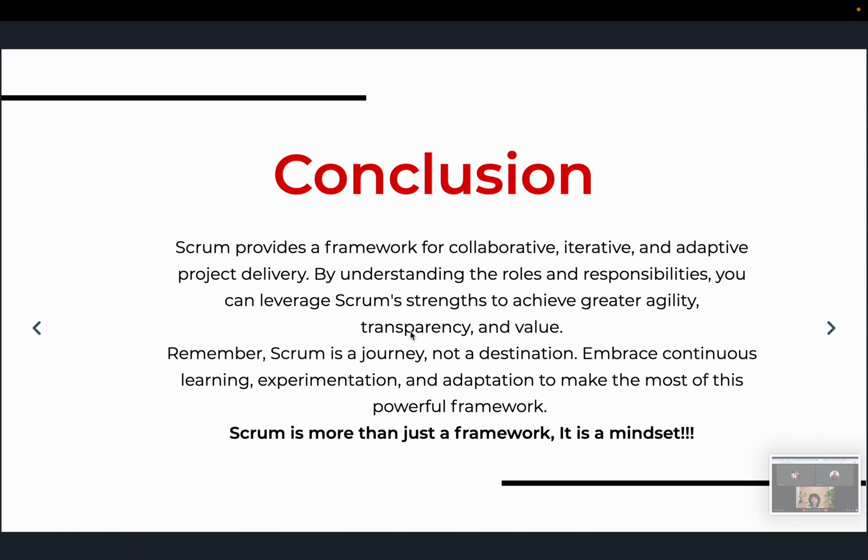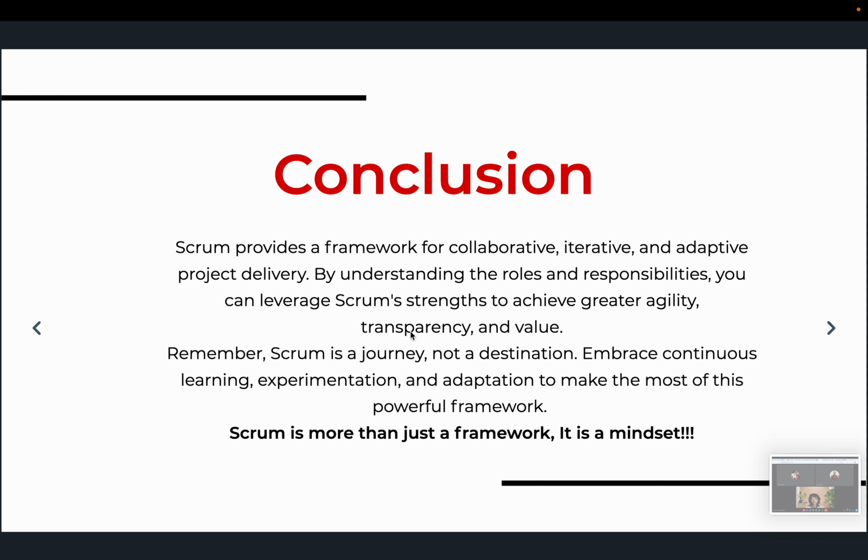Okay. In conclusion, Scrum provides a framework for collaborative, iterative, and adaptive project delivery. All right. By understanding the roles and responsibilities, you can leverage Scrum's strengths to achieve greater agility, transparency, and value. So remember, Scrum is a journey, not a destination.